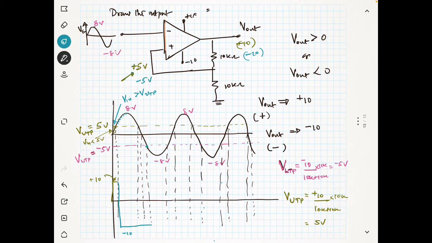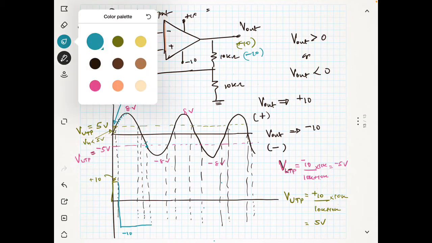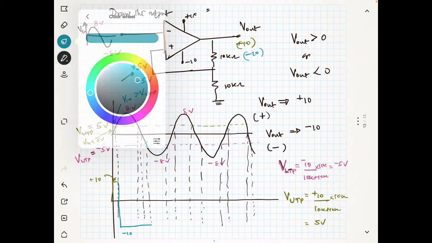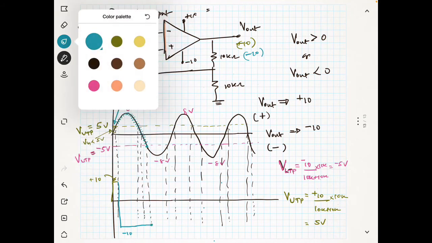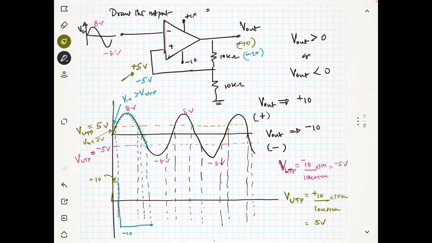At all these points the input is greater than minus 5, so up to this point there won't be any change in the output. But whenever you reach this point, again another trigger will occur.